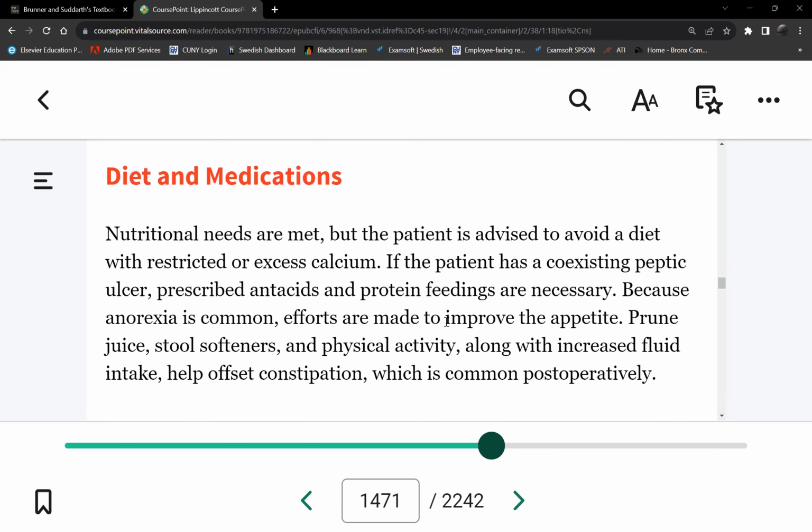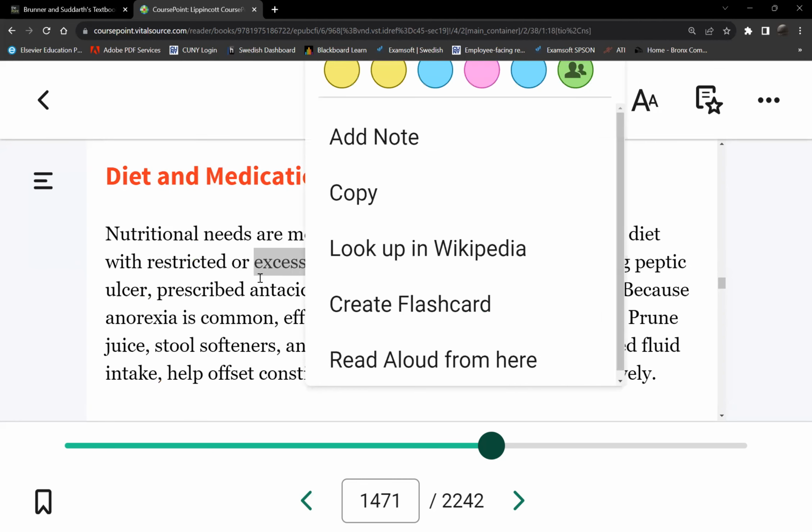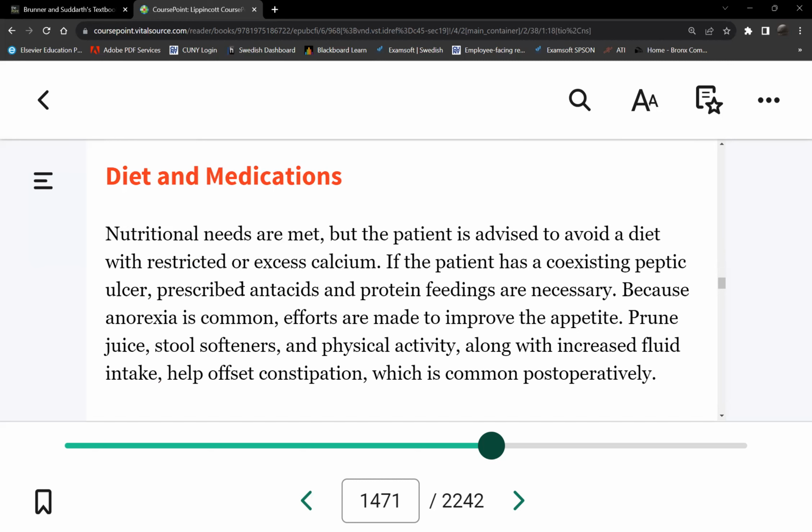For diet, what type of diet do we give? The patient has low calcium in the bone, a lot in the blood. So what do we do? What does it say here? Avoid that. We do not restrict the calcium, but we also do not give excess calcium. So regular diet. Remember, is this because they took too much calcium in the diet?